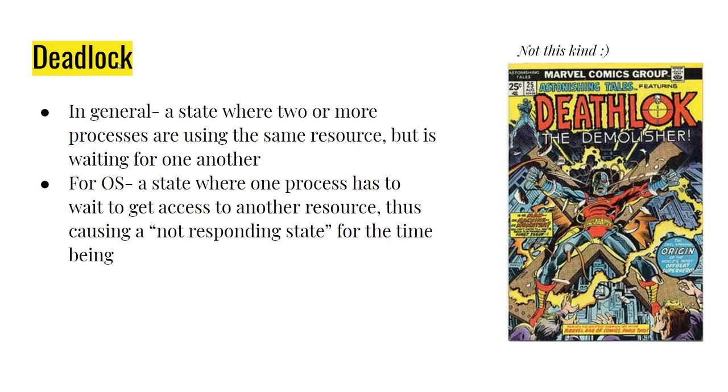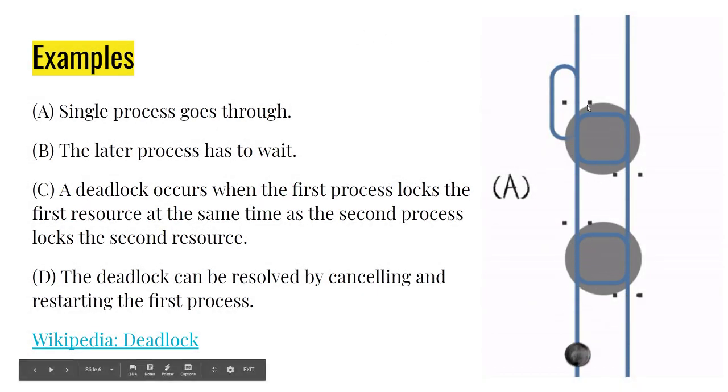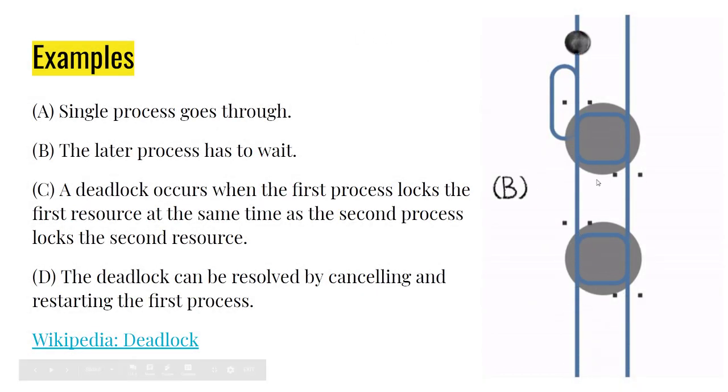So deadlocks are something that we have to deal with and solve when we are doing concurrent programming. So here's an example of a deadlock. Here was a single resource and all was good. Now we have two resources. So one resource passed, it blocked the path till it passed, and then another passed. But now we have a deadlock.